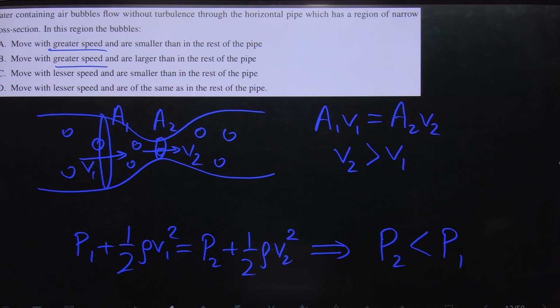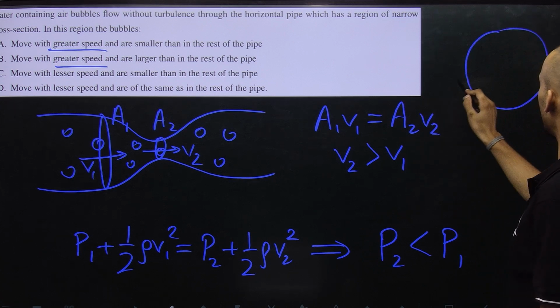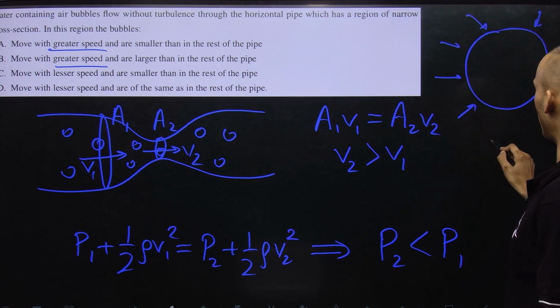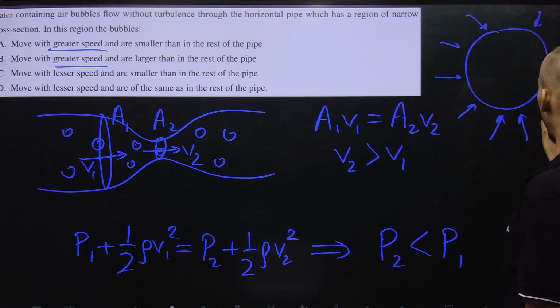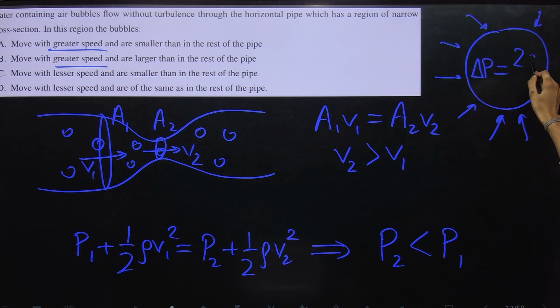Mathematically, we have this now. And we also know that for a liquid bubble, greater pressure from the outside means a smaller size, and smaller pressure from the outside means the bubble will be larger. We also know that the pressure difference between inside and outside should be twice the surface tension divided by the radius of the bubble.